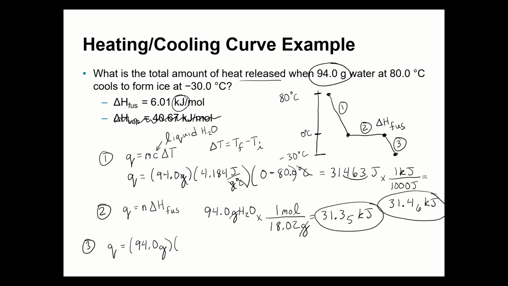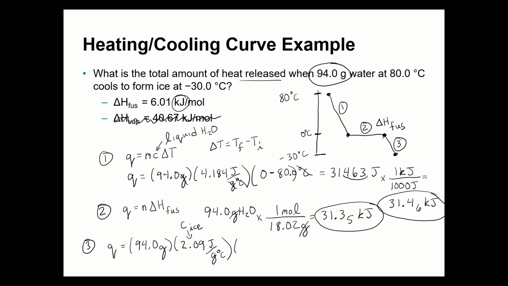Because now we want the specific heat for ice. And if you look that up in a table, it should be 2.09 joules per gram degrees Celsius. Okay, so just remember that that is the specific heat C of ice. Okay, and then times the temperature change.